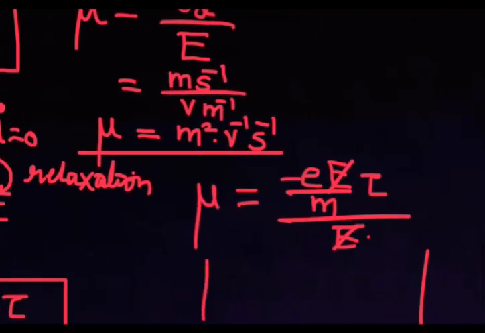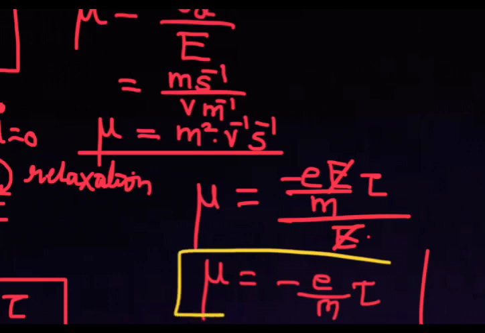Therefore, electron mobility is equal to minus e tau by m, where tau is the relaxation time. This is another equation of electron mobility in terms of relaxation time.